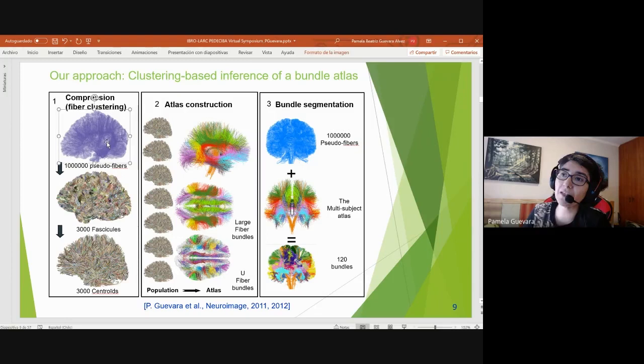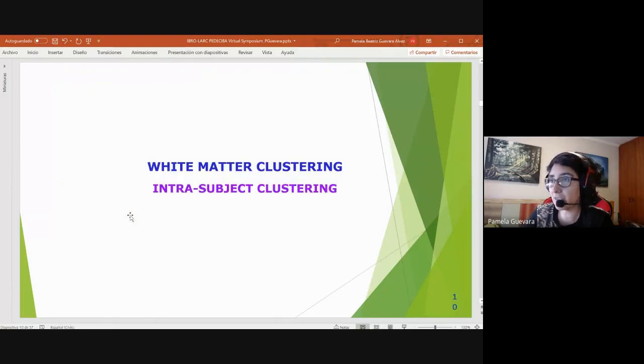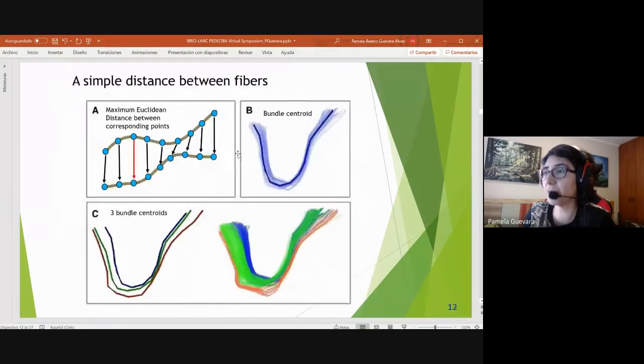First, we apply a clustering to reduce the amount of information, because 1 million fibers is too much information, so we reduce it using a clustering. The clustering allows us to represent the cluster with few fibers. I have here an image, it's better to show it.